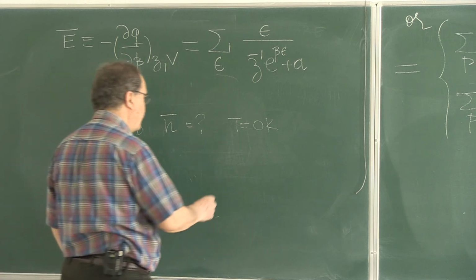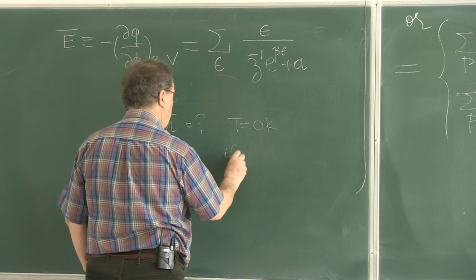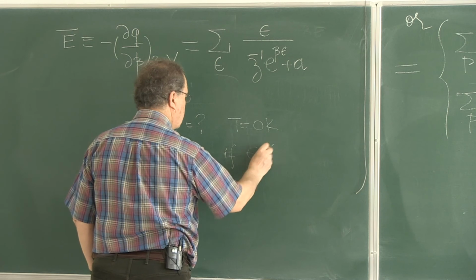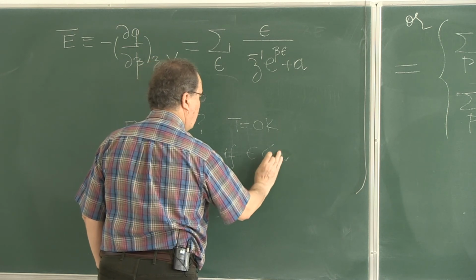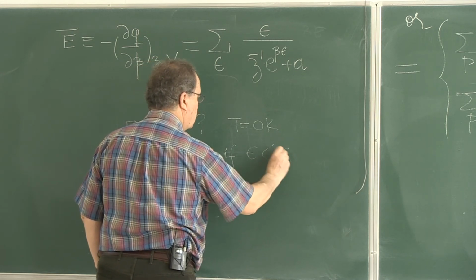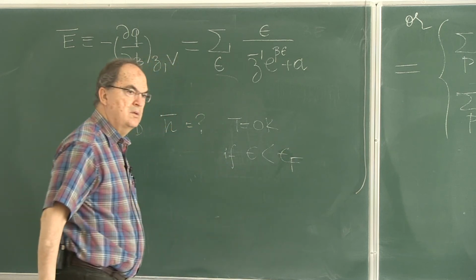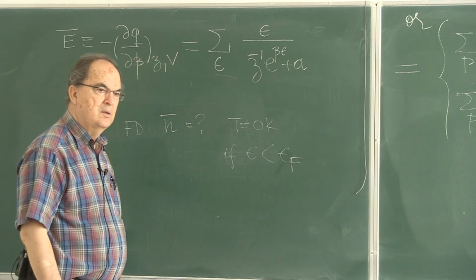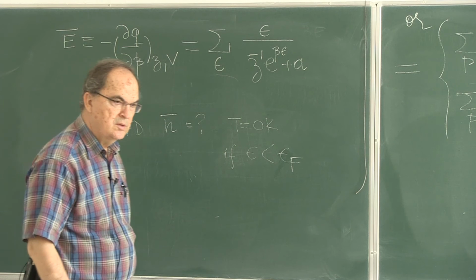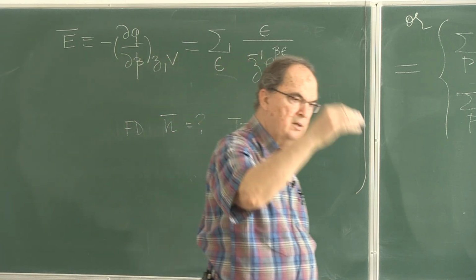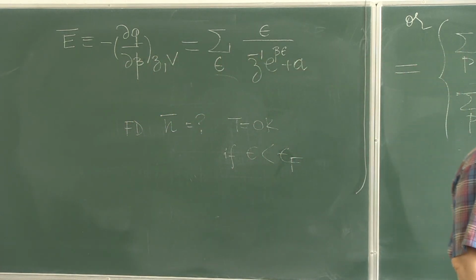If energy is smaller than mu, well, at 0 K, mu is known as the Fermi energy, the chemical potential, the highest occupied energy state. Have you seen this before?